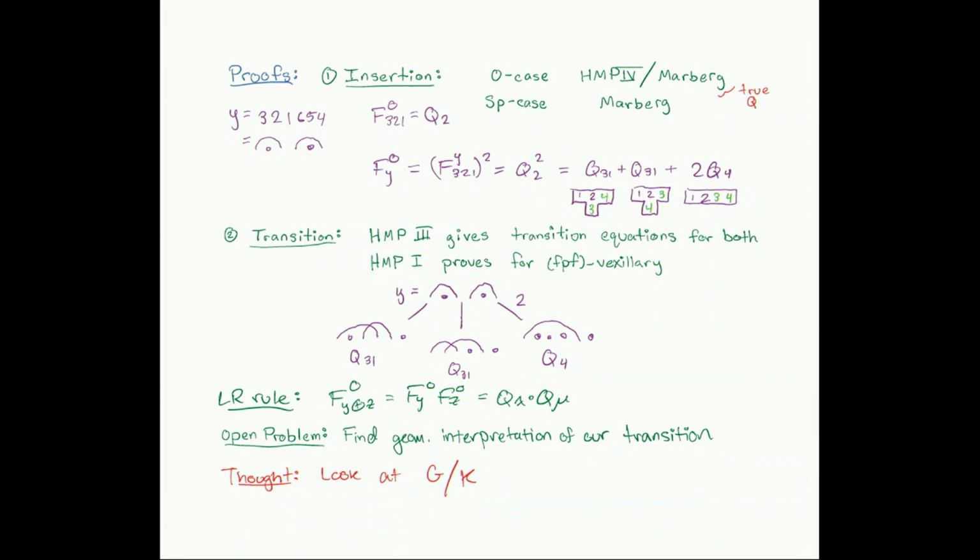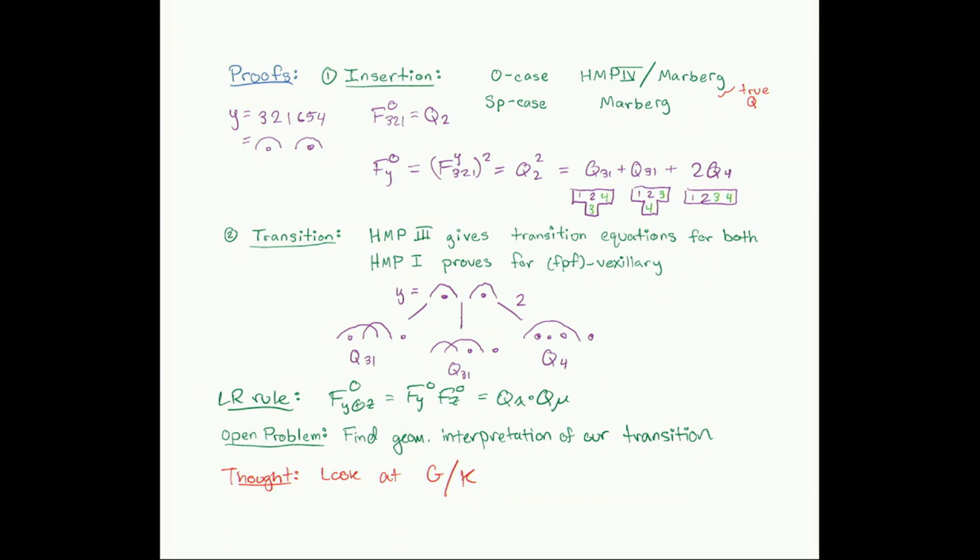So there's an example, F321 in the involution setting. That's Q2. And then if you wanted to do 321654, that's like F321 squared, or Q2 squared.